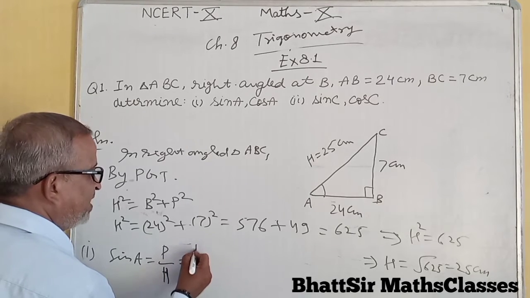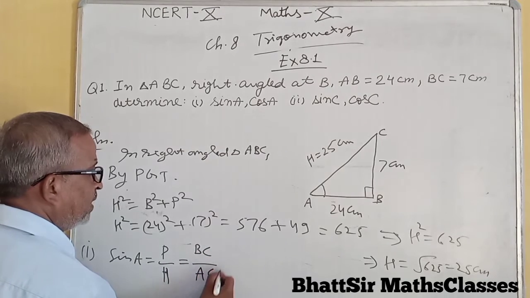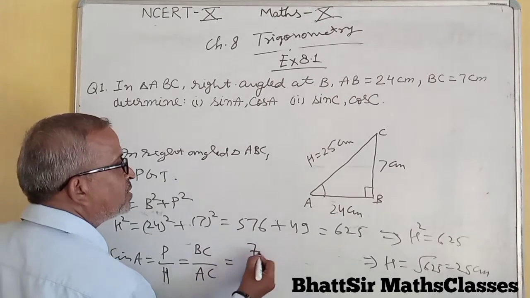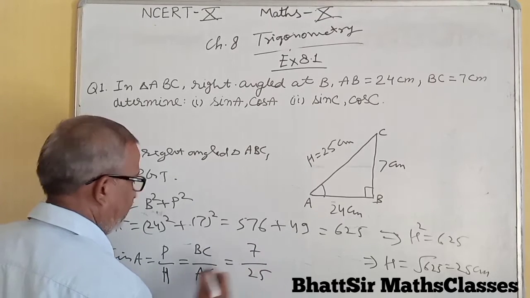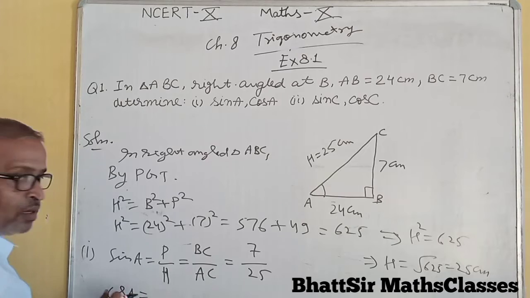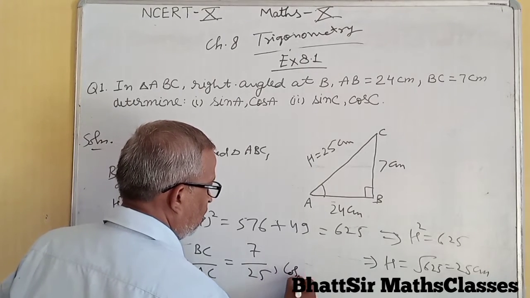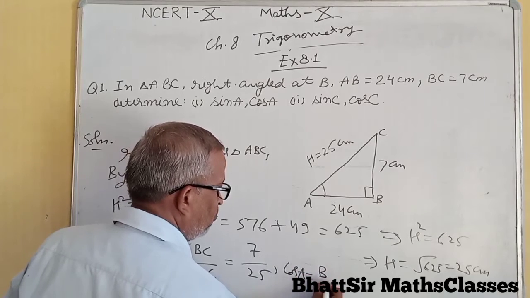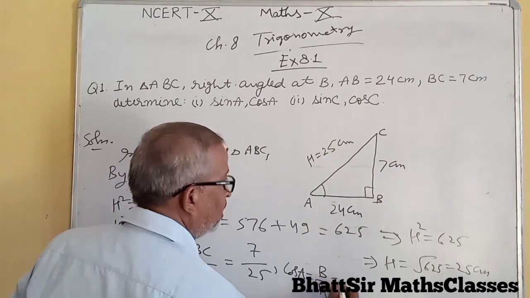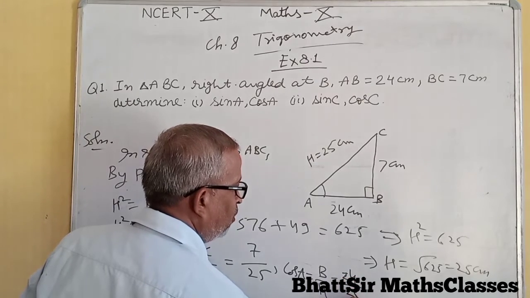Perpendicular means BC upon AC. BC means 7 upon 25. Cos A is base over hypotenuse equal to 24 upon 25.